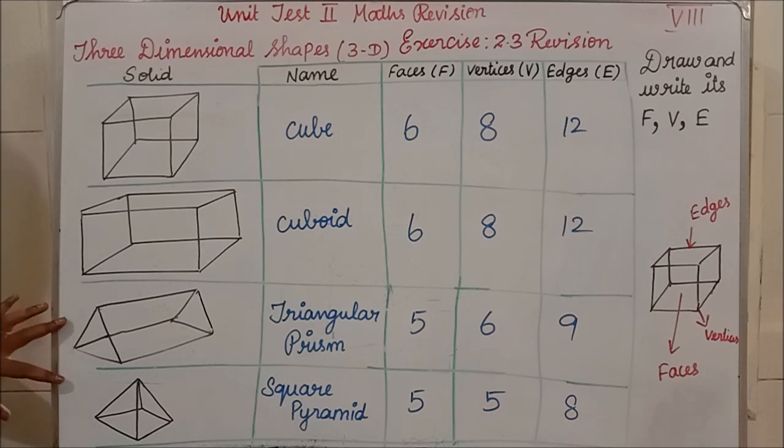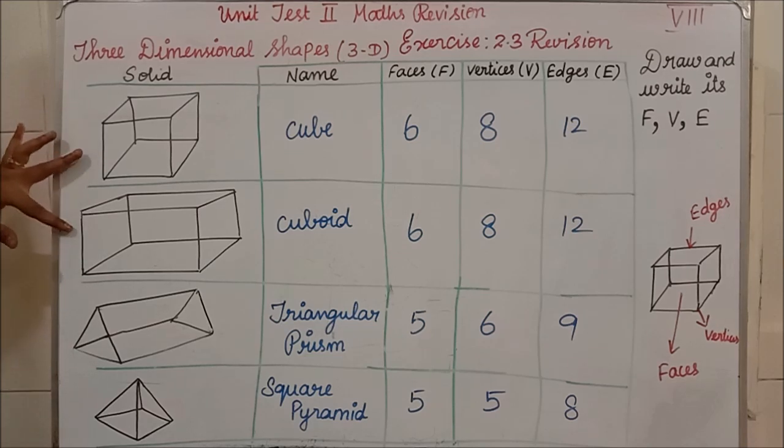If the question paper asks for a triangular prism as well as a square pyramid, you should draw both diagrams, and only then write the number of faces, vertices and edges. So practice the diagram for everything. Cube and cuboid you will easily draw, so practice the triangular prism and the square pyramid. Clear, students?